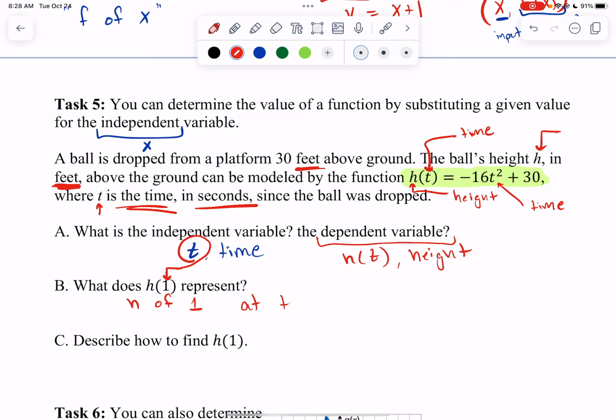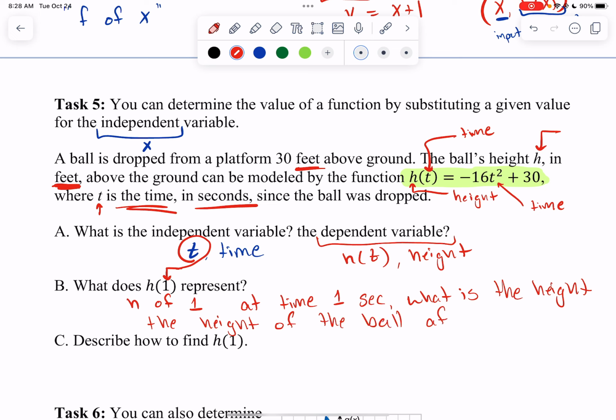This is saying at time 1 second, what is the height? Because it's h of t. Or a better way of saying it is the height of the ball after 1 second.